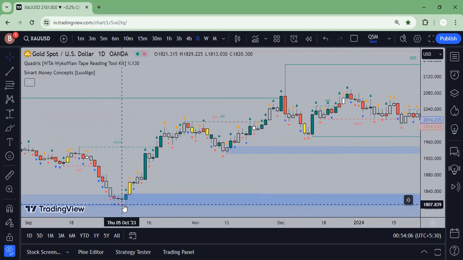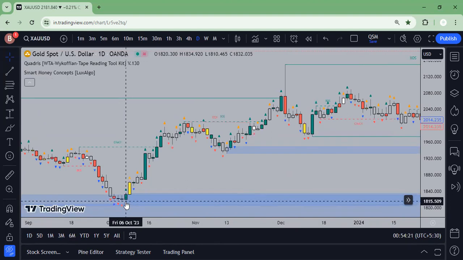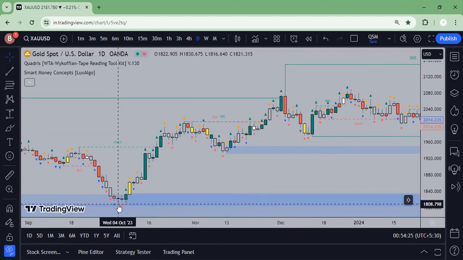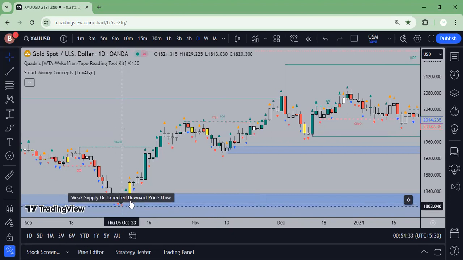There are many theories coined by many people. They say supply is shrinking, or bars are getting narrow. But many a time it happens that bars are getting narrow and all of a sudden we get a widespread down bar. So this helps us in identifying. If you hover your mouse over here, weak supply, again followed by weak supply.